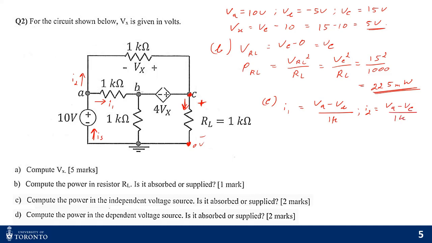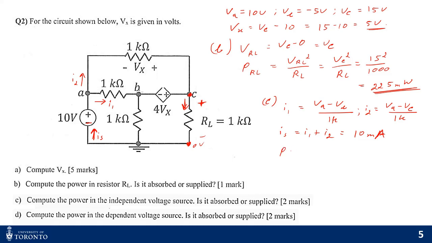So once I plug in the values, I find that my IS, which is I1 plus I2, is equal to 10 milliamps. Since my current is positive, the direction that I assumed is correct. So I have 10 milliamperes going through the negative terminal of the source.